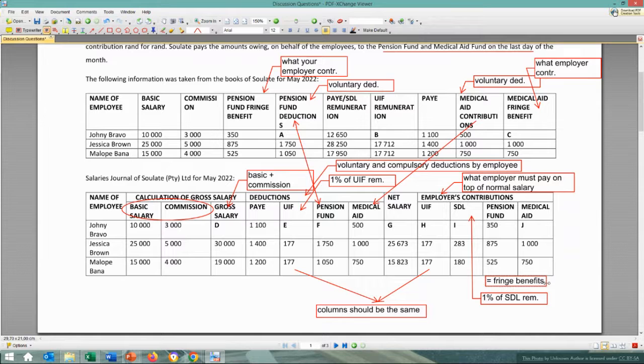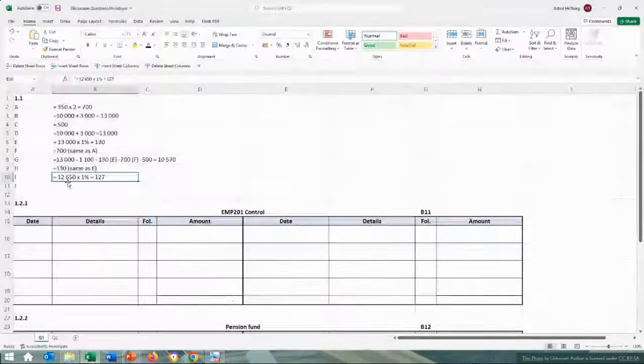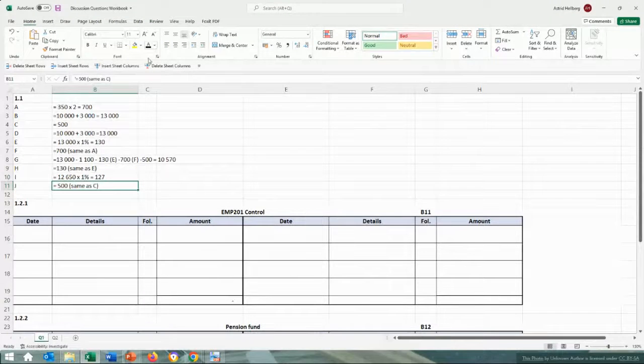Based on that information, what would J's value be? 500 Rand. That's absolutely correct, Mpile. So it will be exactly the same as C, or you can go to the medical aid contributions because it was a 1-for-1. It would match that amount over there. Okay, and there we've completed A to J.